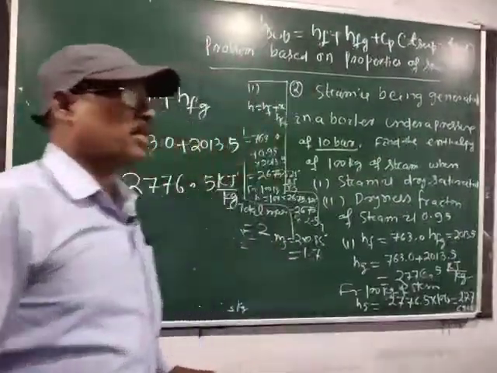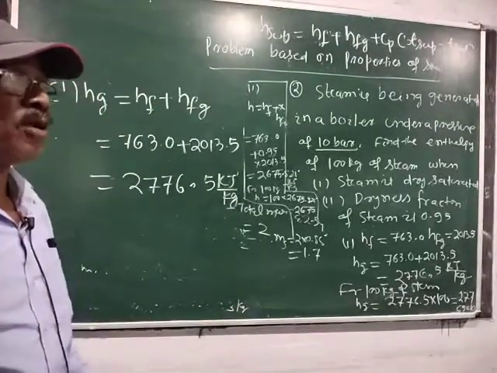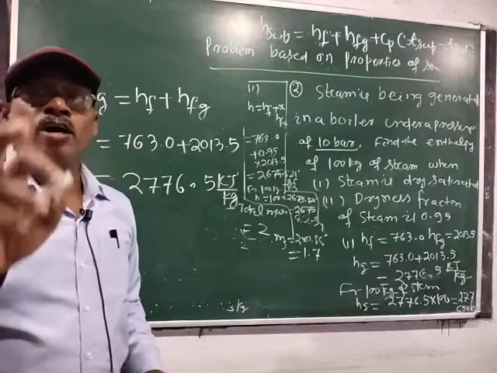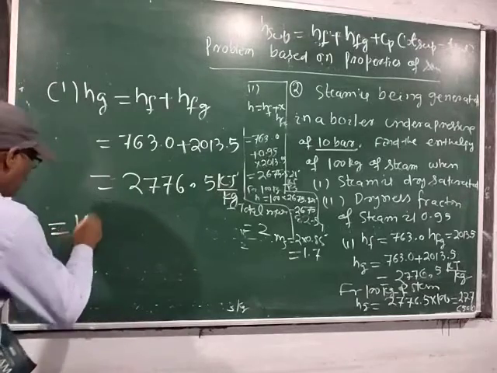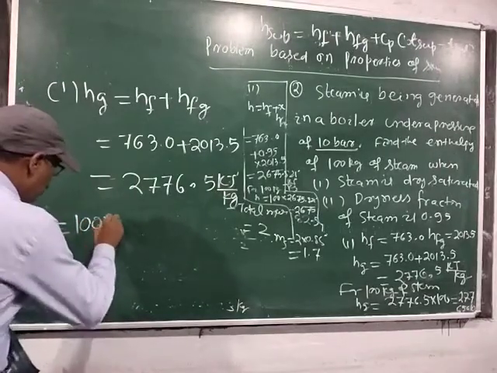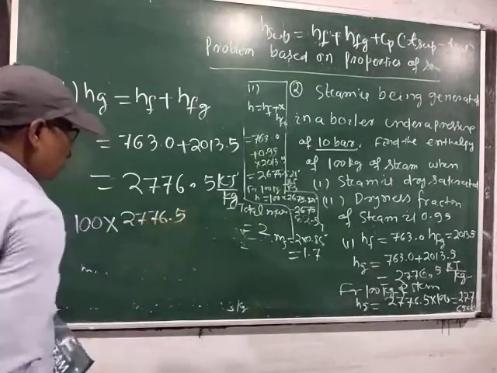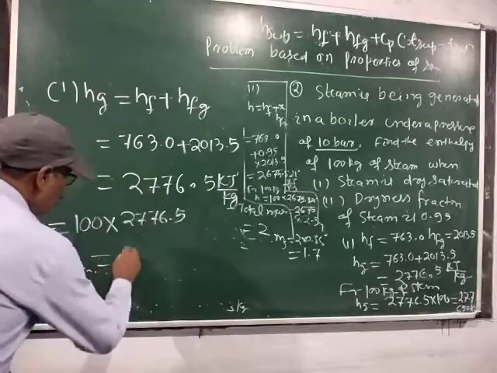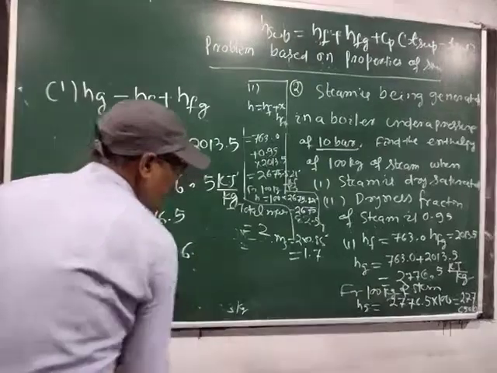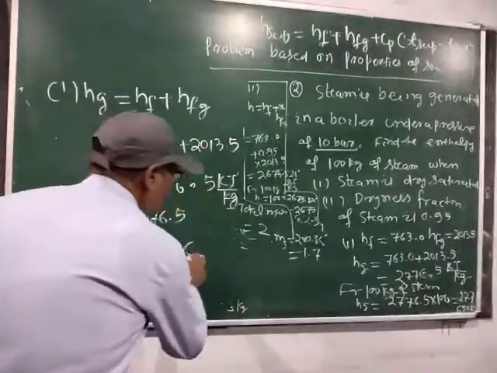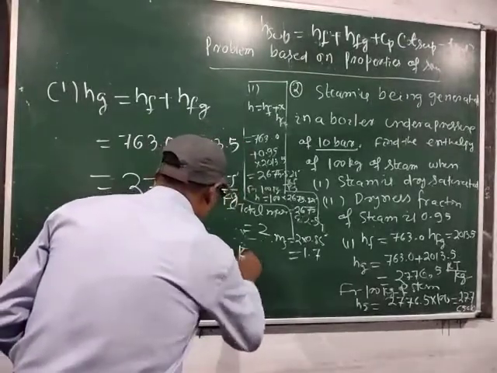But in our question, find out for 100 kg of steam. Therefore, total heat for 100 kg of steam is given by 100 into 2776.5 is equal to 277650 kilojoule.